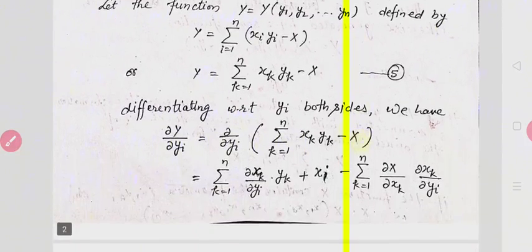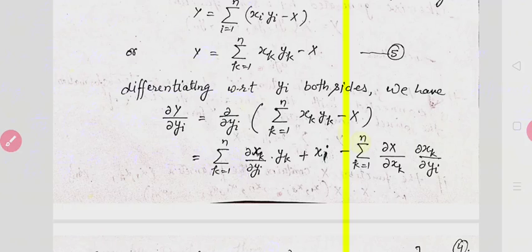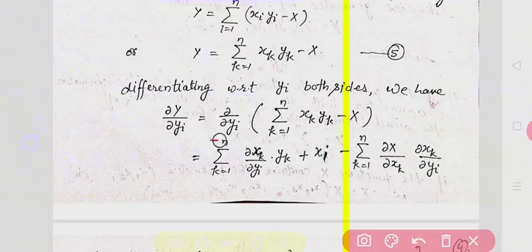So when you find the partial derivative of capital Y with respect to yi, it will be ∂/∂yi of this thing. Place the value of capital Y, it is this one. When you take the partial derivatives, the product rule is applied. Take the derivative of xk with respect to yi times yk as it is, plus take xk as it is and take the derivative of yk.